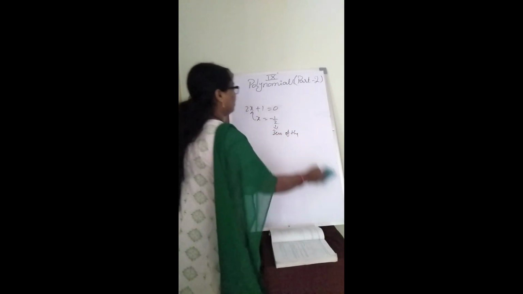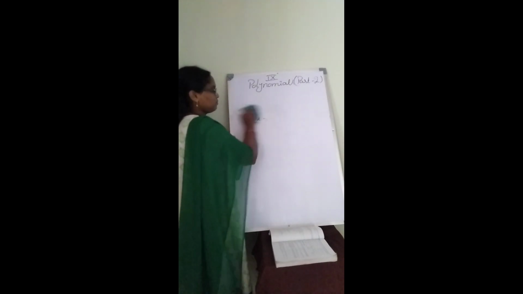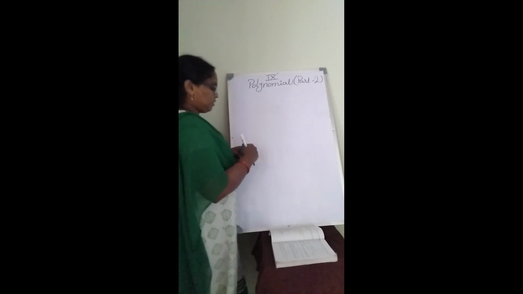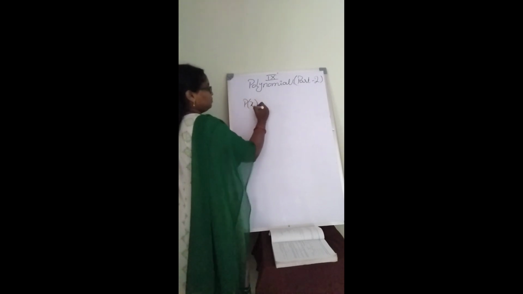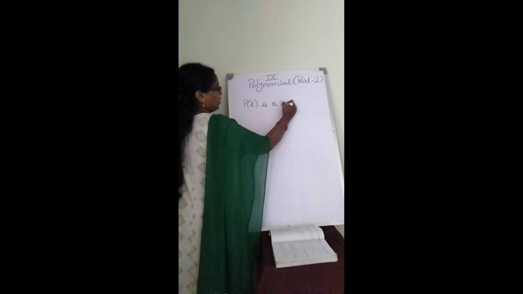Now let me give you a definition. P of x is a polynomial.